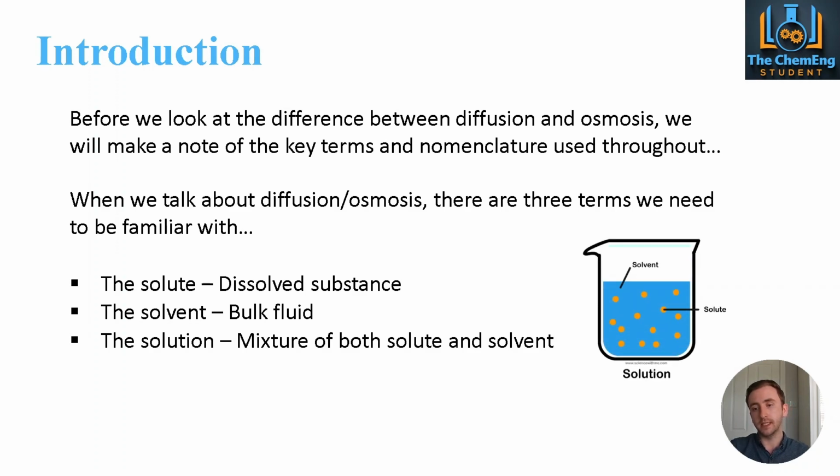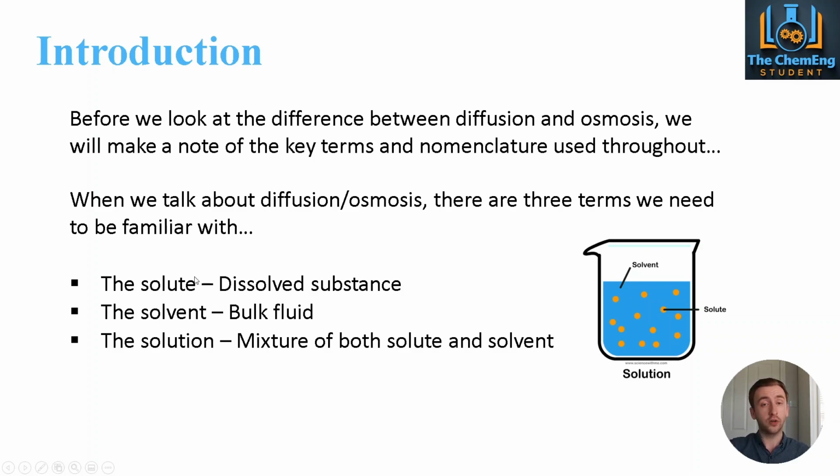A good way to represent it would be something like this. You can clearly see here the individual orange particles are the solute, so these are the substances that will be dissolved. The bulk fluid is the solvent, and the resulting mixture of the two of them is known as the solution. An example of that would be coffee.